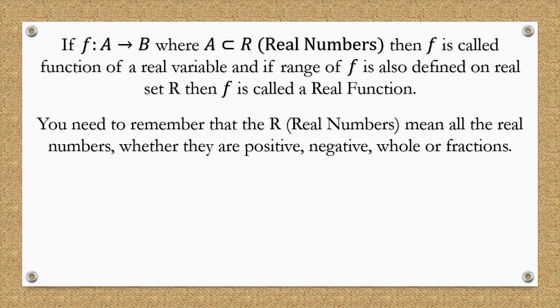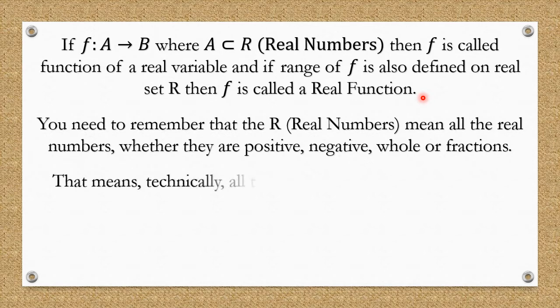All of these numbers are part of the set of real numbers, that is set R. So whenever our domain is a part of these real numbers and our answers, the images we get by taking the values of A and putting them into our function, are also a part of set R, that is the set of real numbers, we can call our equation a real function.